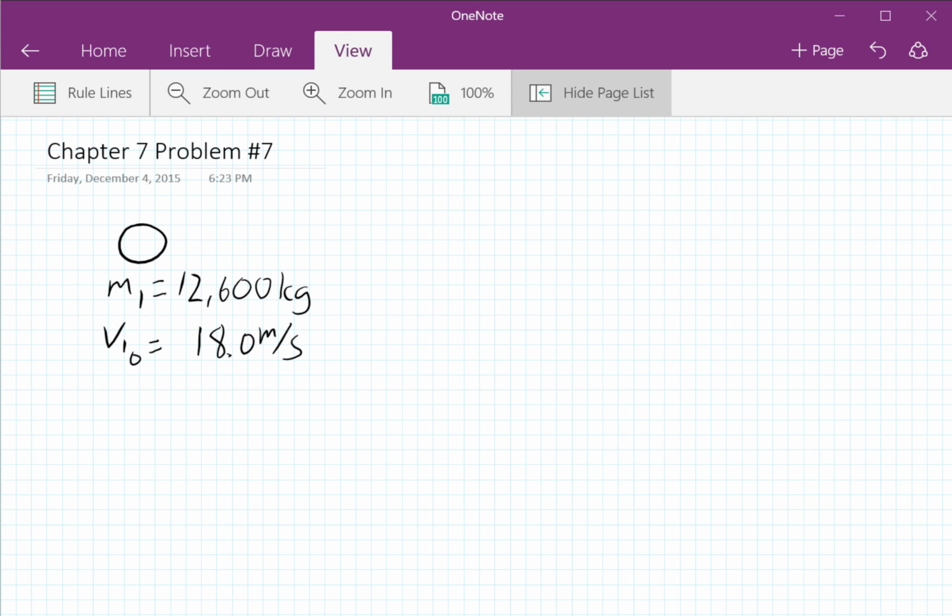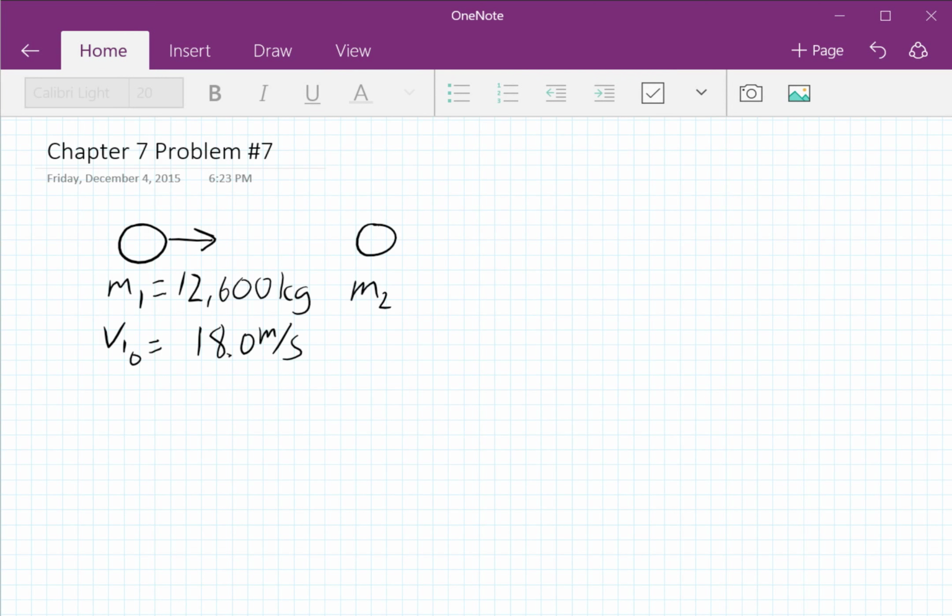The load that's dropped onto the train was 5,350 kilograms, and it didn't have any initial velocity in the x direction, so I'm just going to write 0.